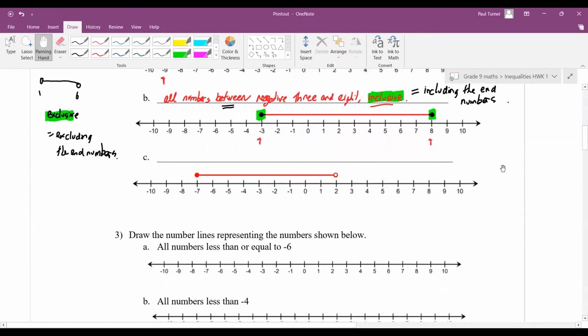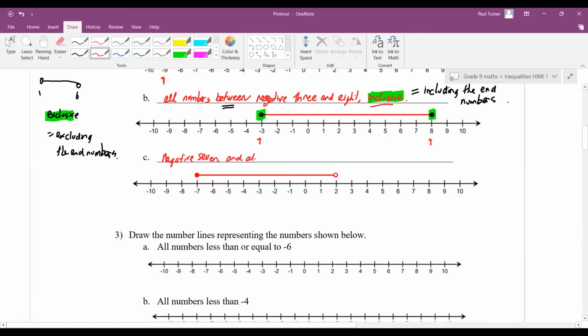So in question C, we can write this one a little bit differently. We could say negative 7, because that's obviously one of the solutions, negative 7.